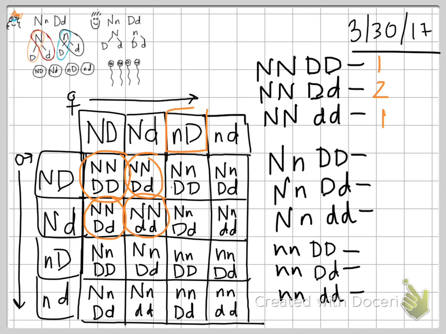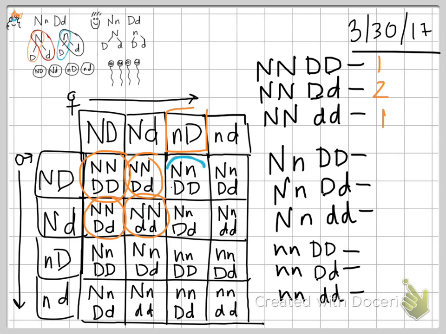Does that ratio seem familiar to you, 1 to 2 to 1? Yeah. So for individuals who are homozygous dominant for nose color, they're 1 to 2 to 1 in terms of their inheritance for tooth size. Okay, now let's look at individuals that are heterozygous for nose color.